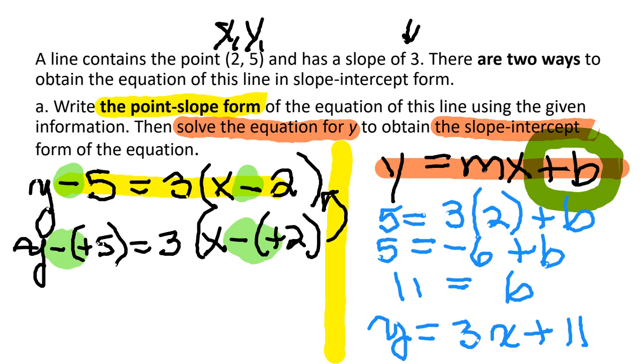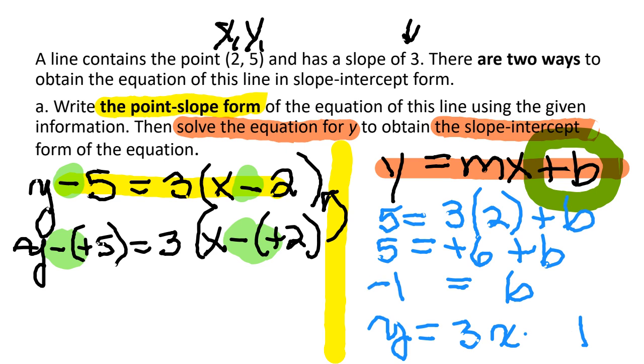Huh? Oh, wait a minute. This is a positive 6, which means that, because this is 6, this will give me a negative 1.